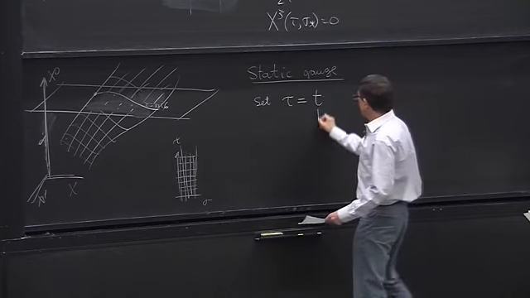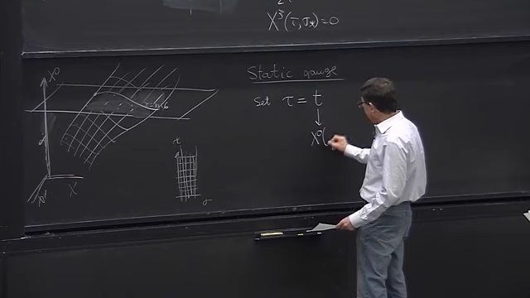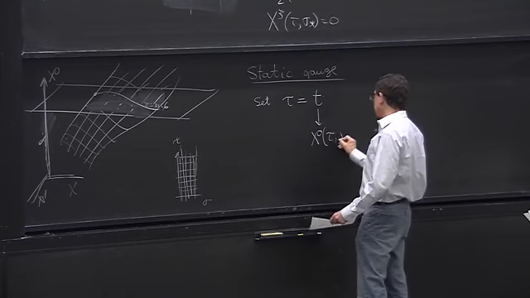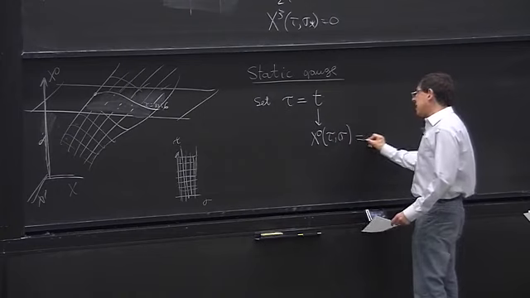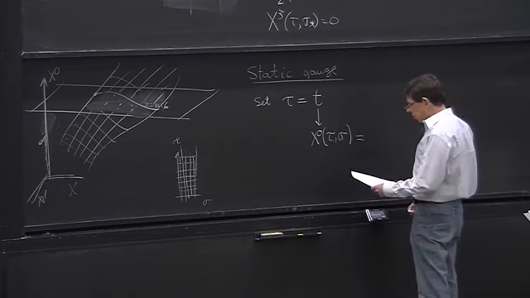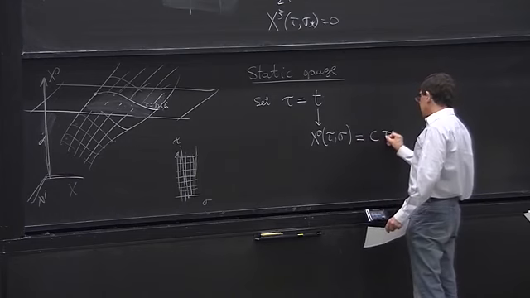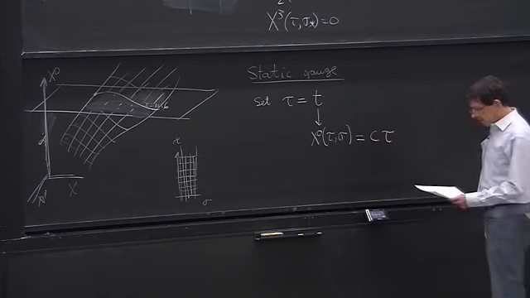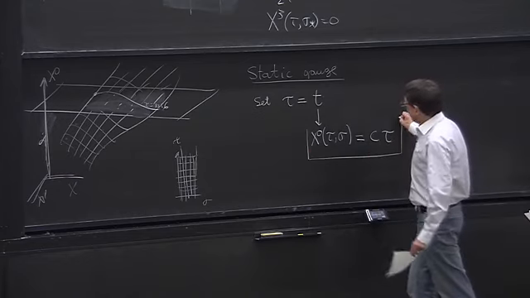Now, t is what we call x0. So basically, x0 of tau and sigma is now going to be just tau. Now, there's a factor of c in there, because we'll think of tau as units of time. So I'll just say c tau. So this is the so-called static gauge.